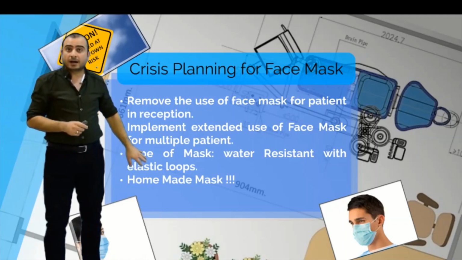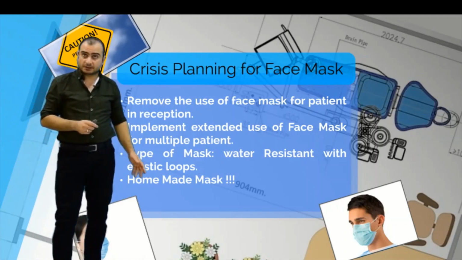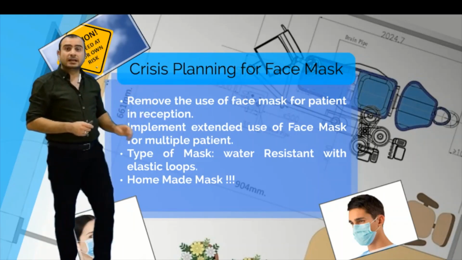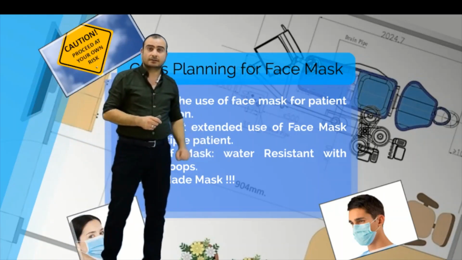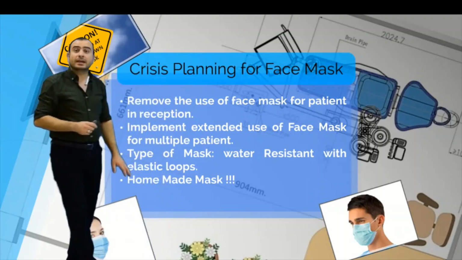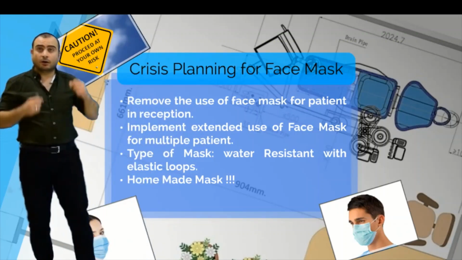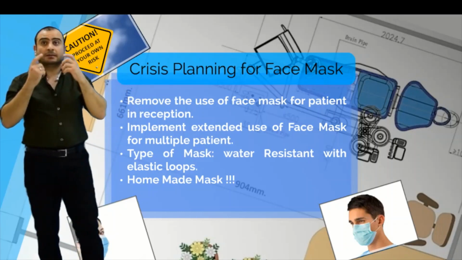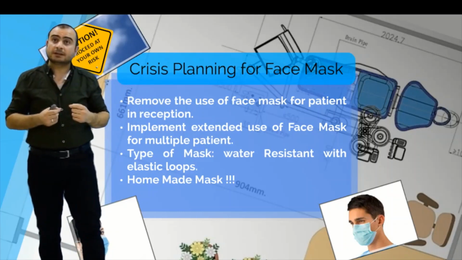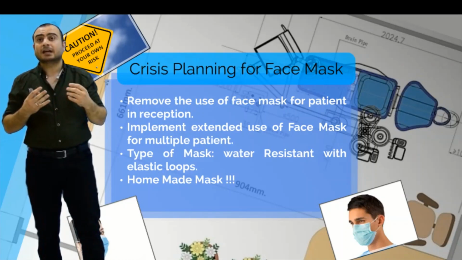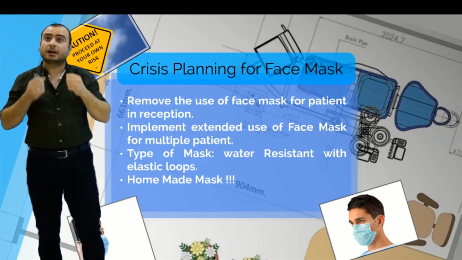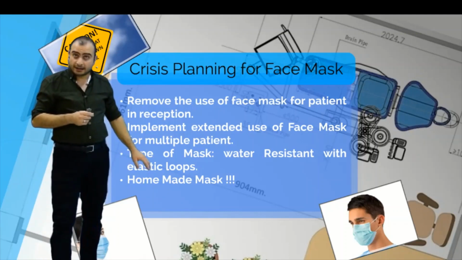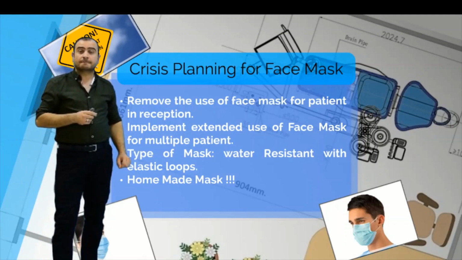The type of mask that should be used during this period, and that is suitable for extended use, should be a water-resistant face mask with elastic loops, not a tie-on face mask. Okay, ties might become loose during the treatment, and sometimes they become broken when we try to adjust them. So it's better to use elastic loops during this period.